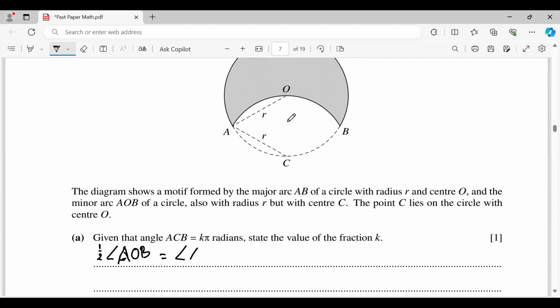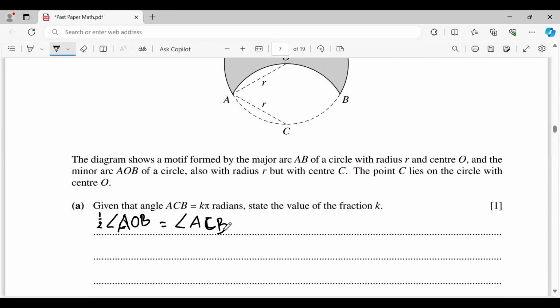So half angle AOB equals K pi, based on the information that ACB equals K pi.